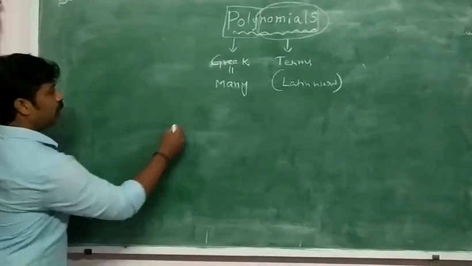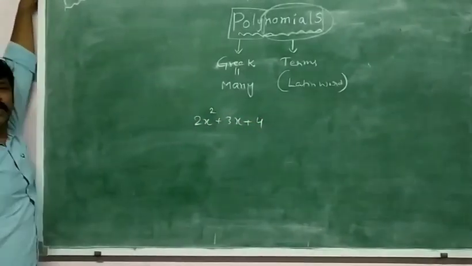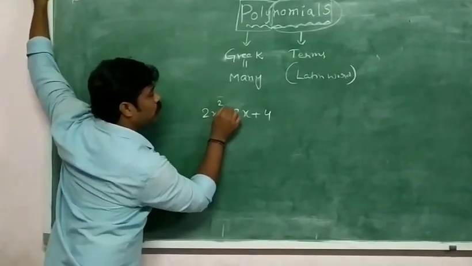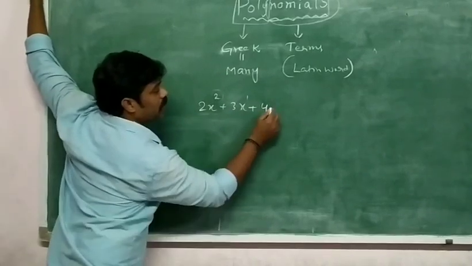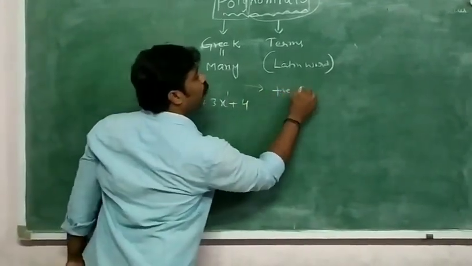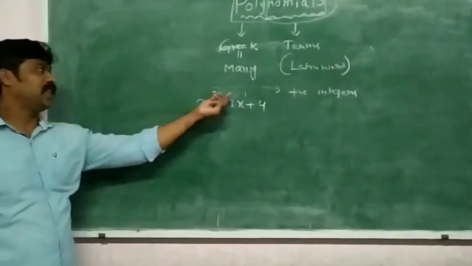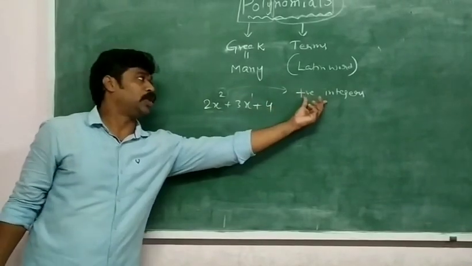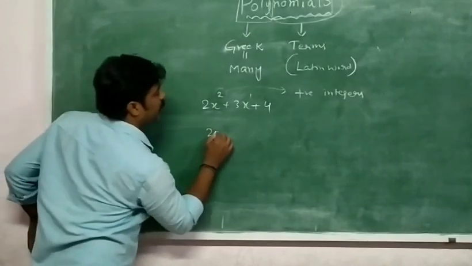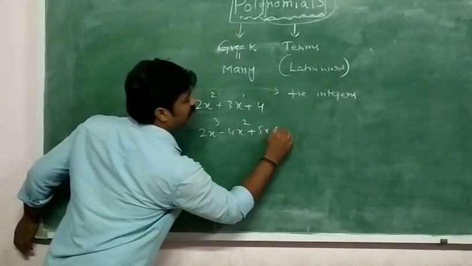For example, take 2x square plus 3x plus 4. Now if you observe the powers of these terms, for x square the power is 2, here the power is 1. So all of them are positive integers. We should have only positive integers. Non-negative integers are nothing but positive integers. Now in this we have only positive values. Similarly, take 2x cubed minus 4x square plus 5x plus 3.